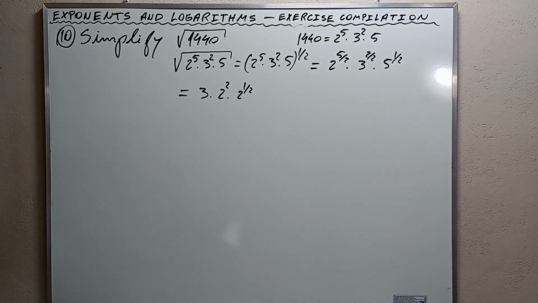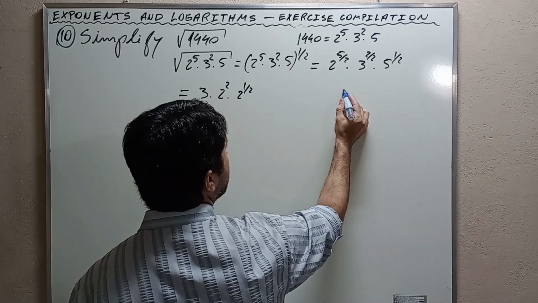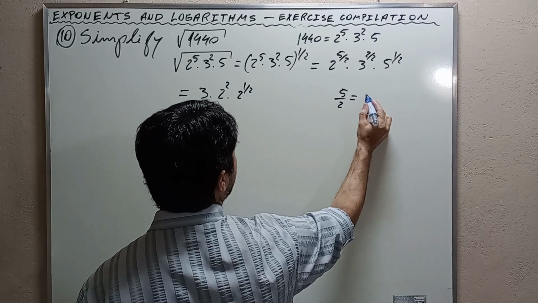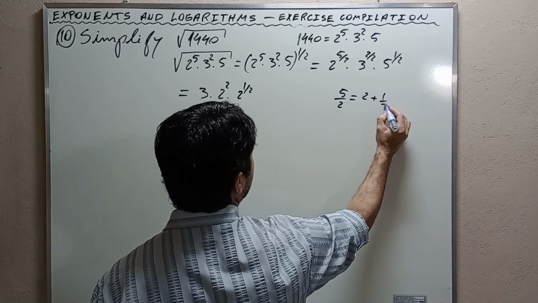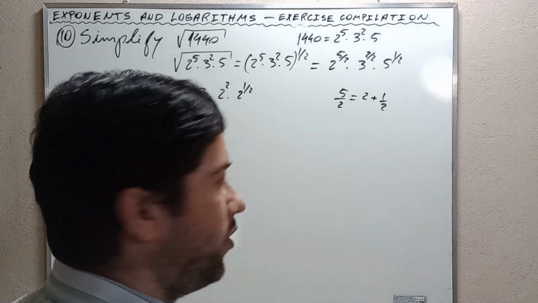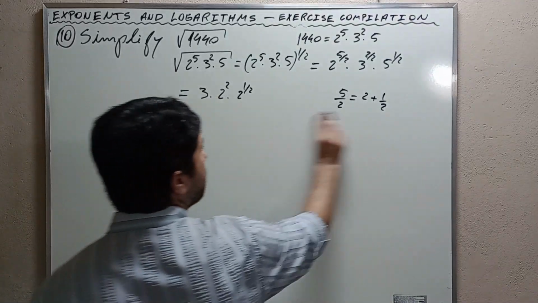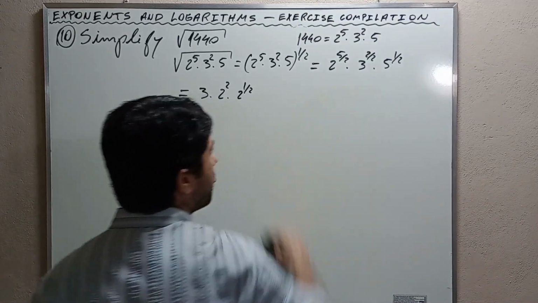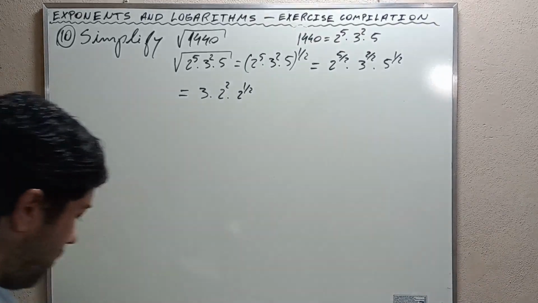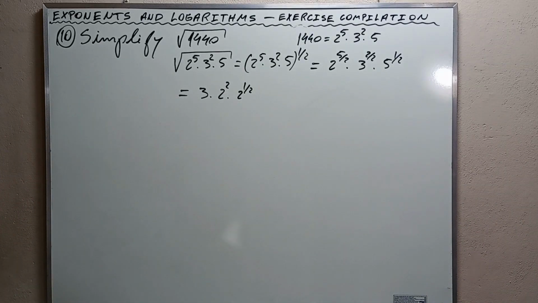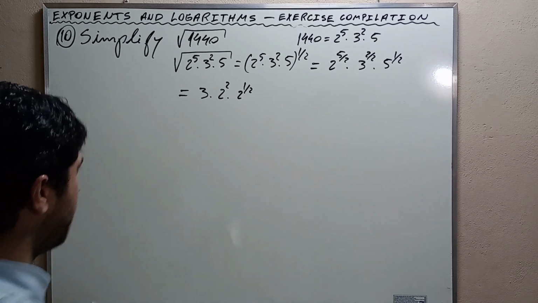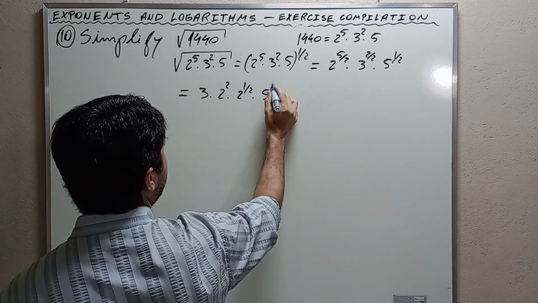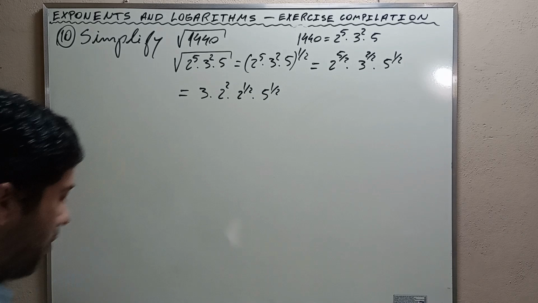okay? Because 5 halves is equal to 2 plus a half. I simply split it apart. And times 5 raised to the power of a half.